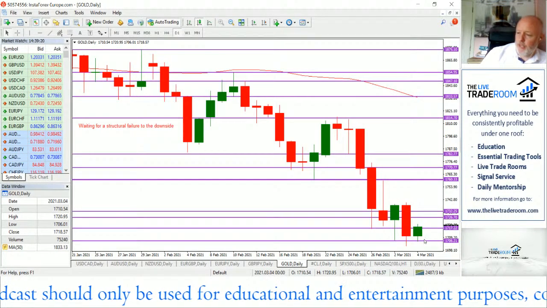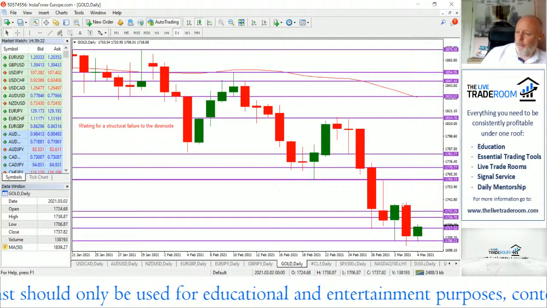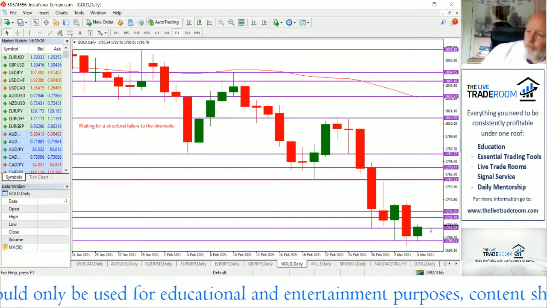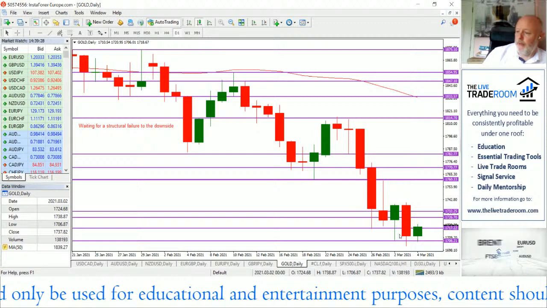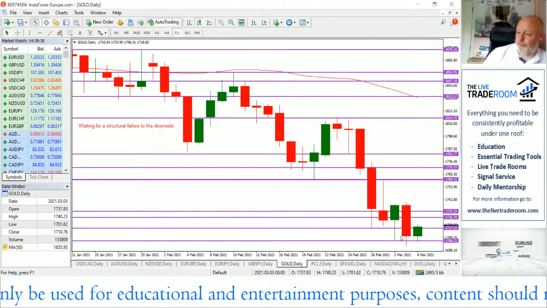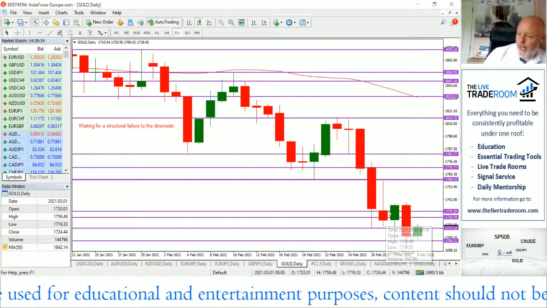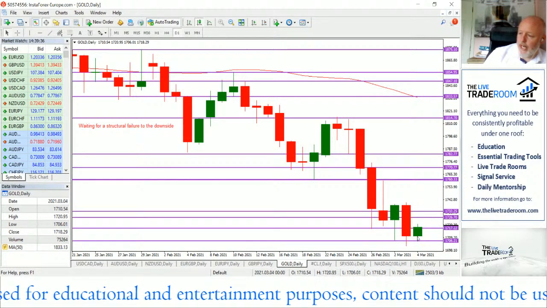Gold just bouncing off the lows. We are committed to this to the downside again on the daily time frame, so we're just getting a bit of pullback price action. You can look for these correlations where you get a selling candlestick, you get a buying, you get a selling, you get a buying.